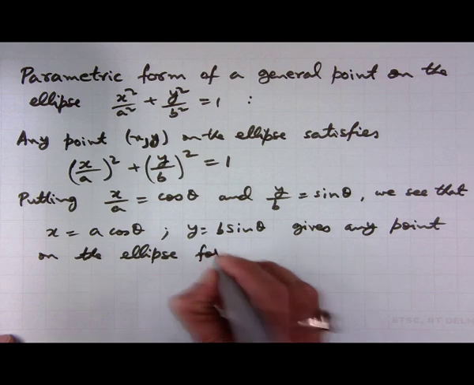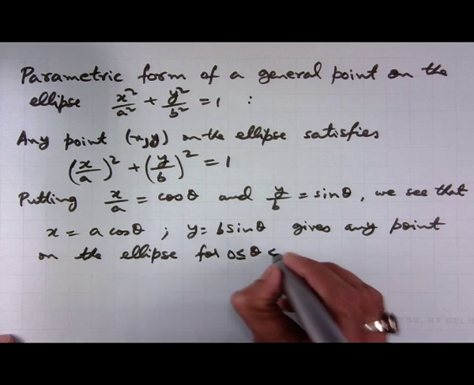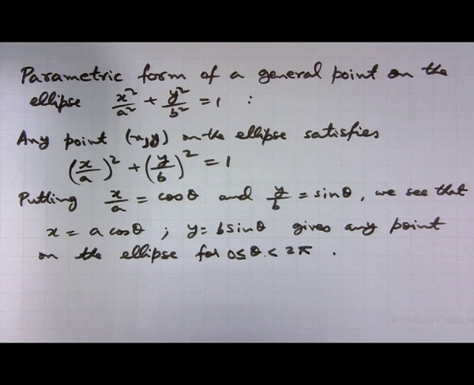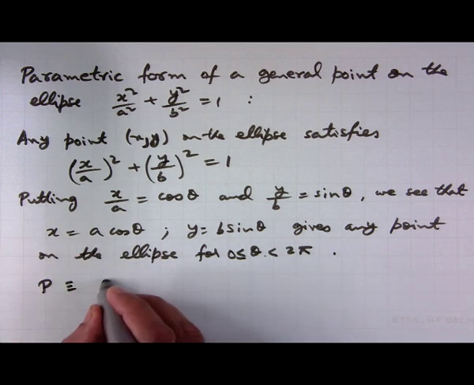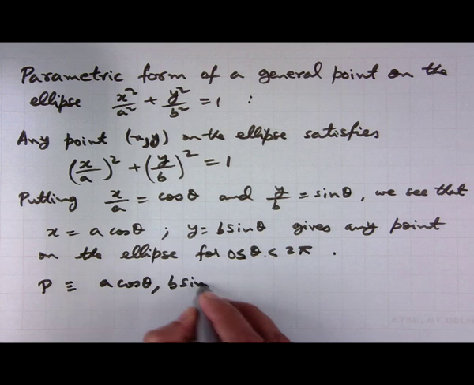For theta we can take between 0 and 2 pi. So, the parametric form we will take as any general point P on the ellipse can be written as a cos theta comma b sin theta.